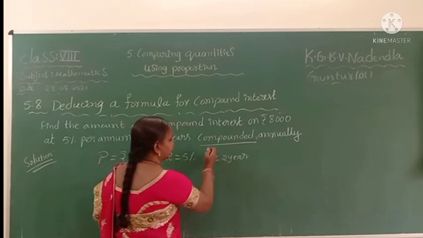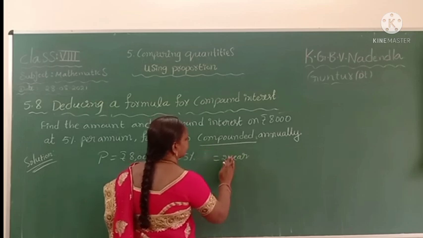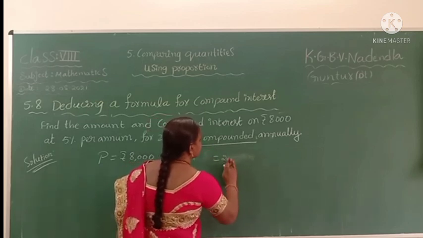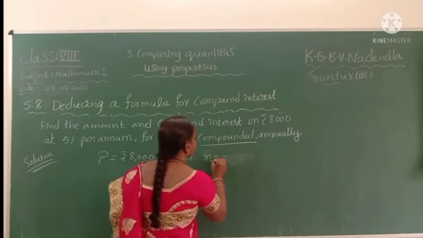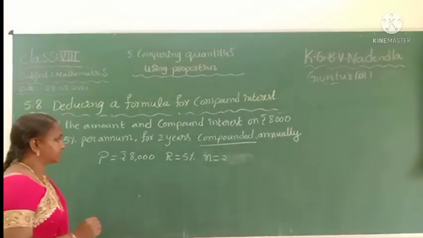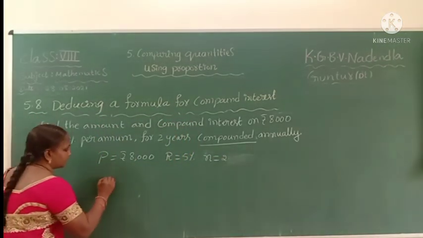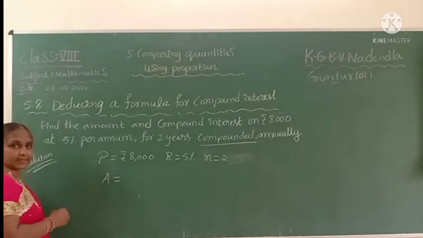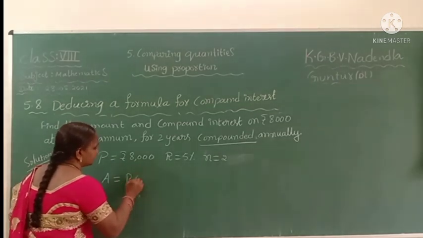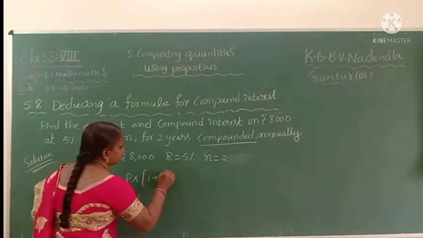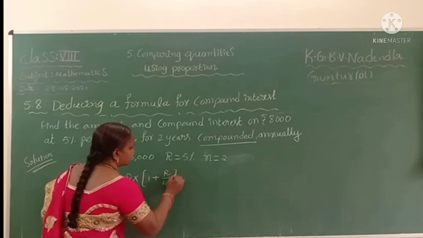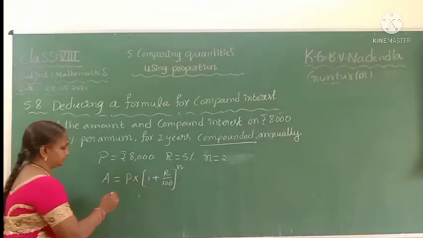Here time taken as n. 2 years time. So here n is equal 2. Now what is the formula? A is equal P into 1 plus R by 100 whole power n.